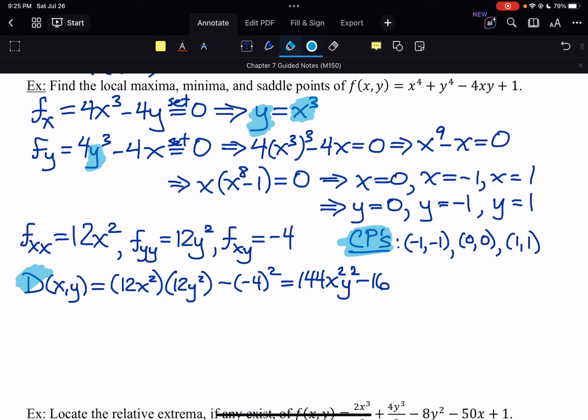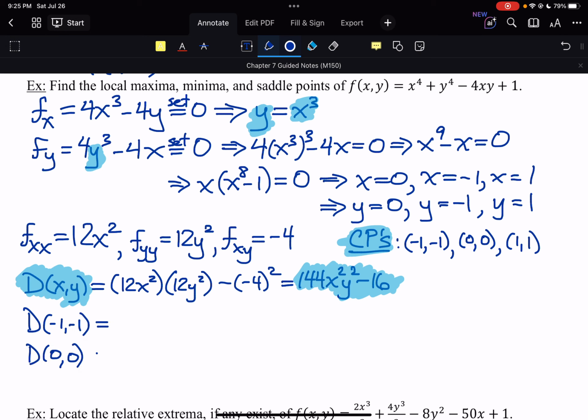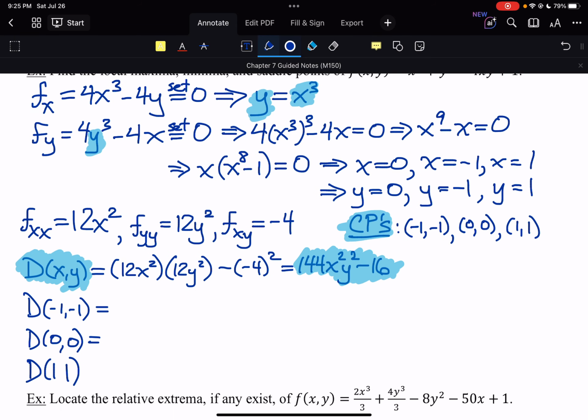That's our formula for D. And we're going to use that to test all of the critical points. So D of -1, -1, 0, 0, and 1, 1.